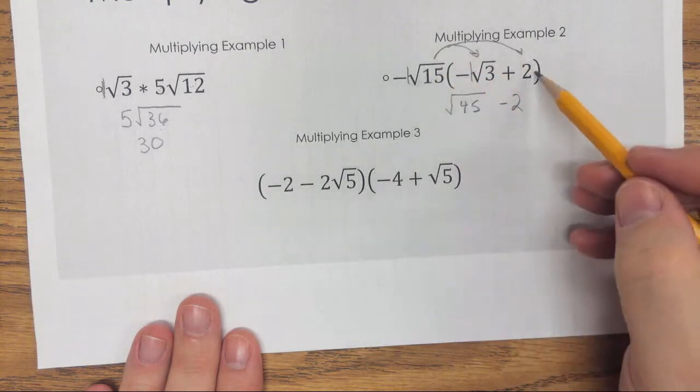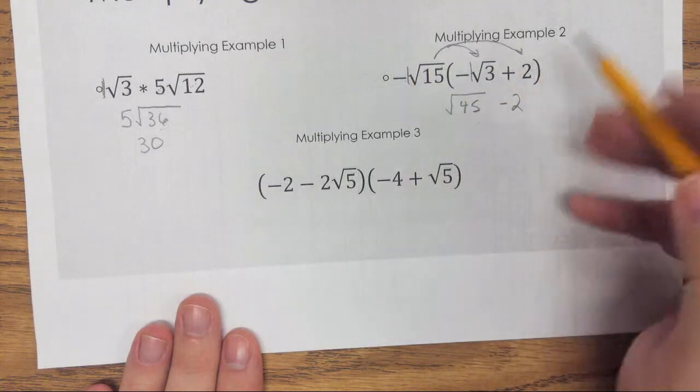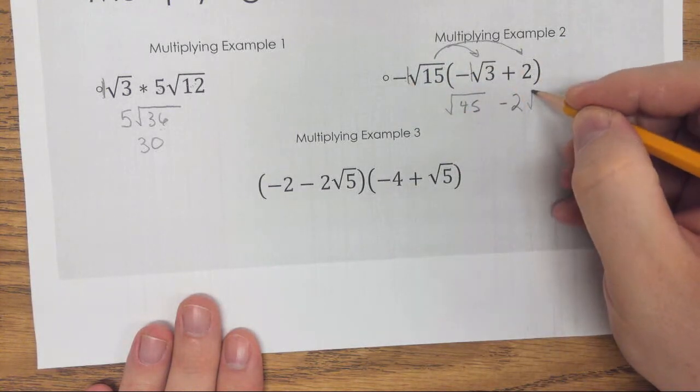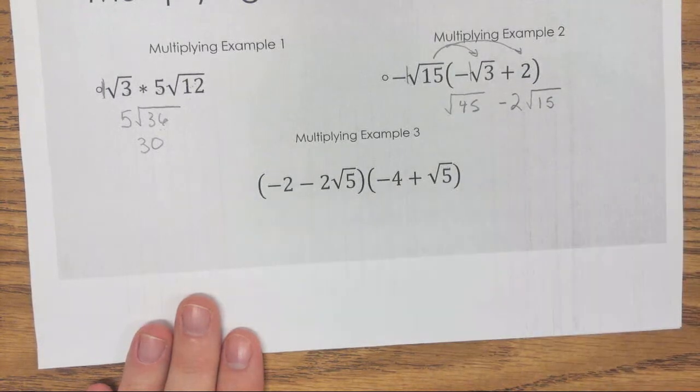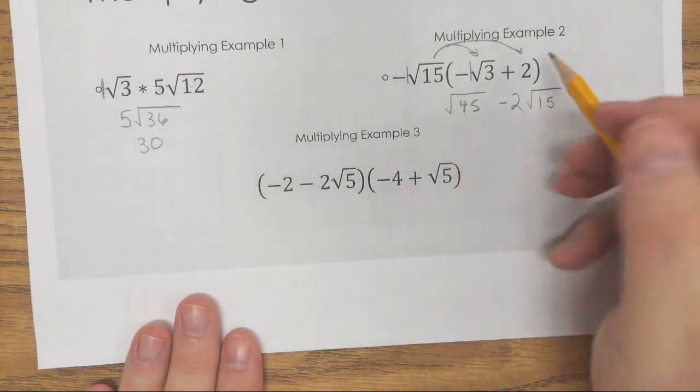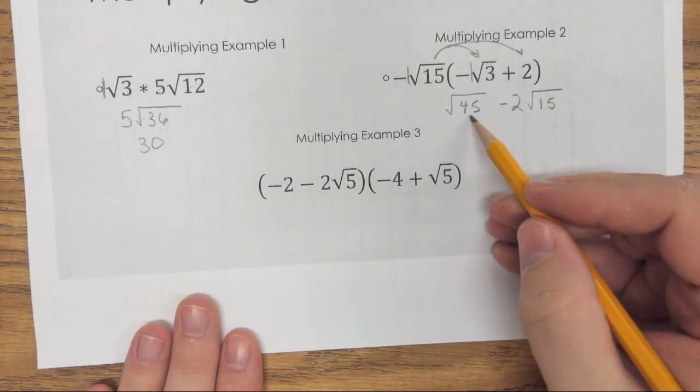So really all you have to do, if you're multiplying this by a number, multiply the number in front, and then just drop the 15 out there on the side. So it just kind of is along for the ride when there's not any radicals out here. Okay, now let's simplify.